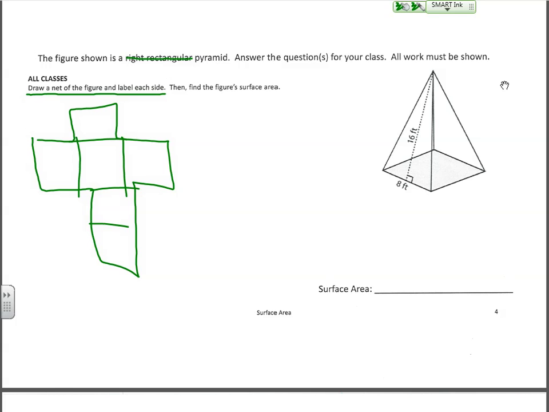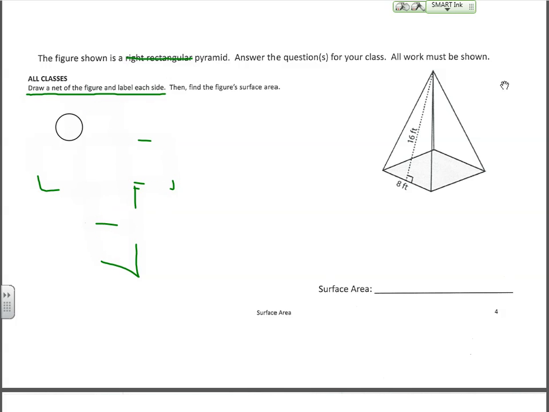You have to label what each side is, what its measurement is. And my reasoning for doing that is it is going to help you with calculating surface area and such. Because you see what shapes you have there, you know the formulas for area, and you can apply them to it. So the net of this, what shapes do we have here?